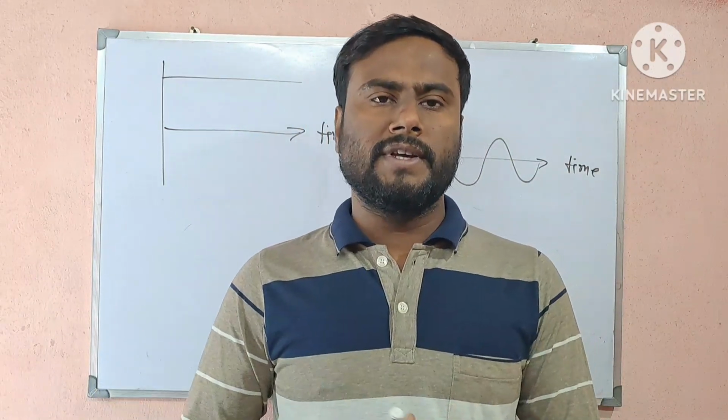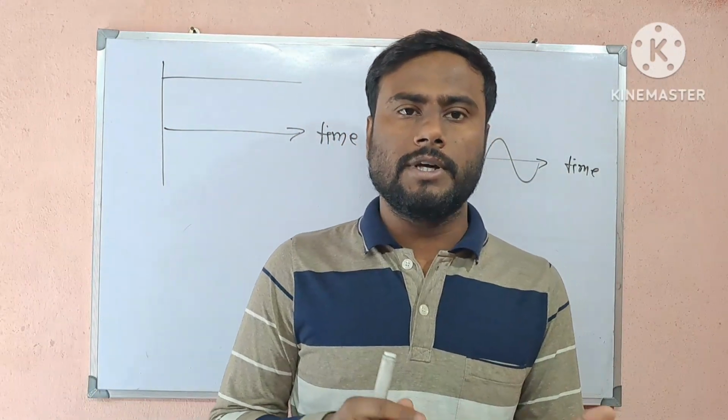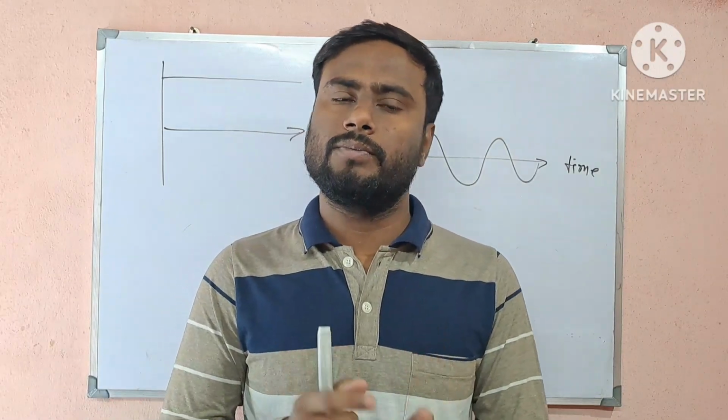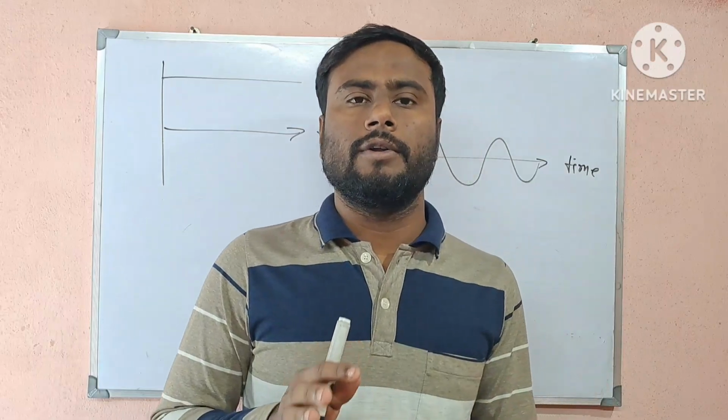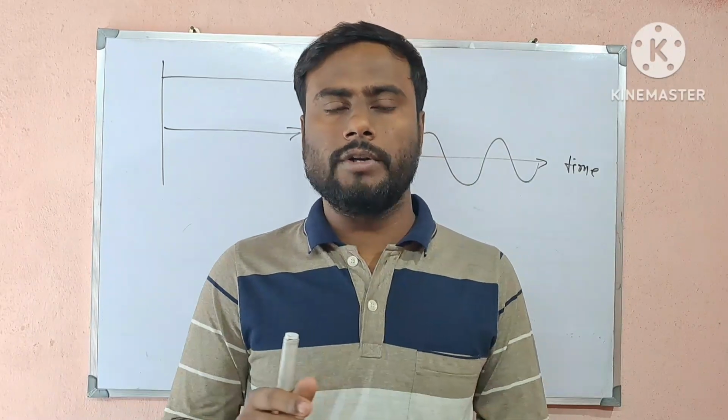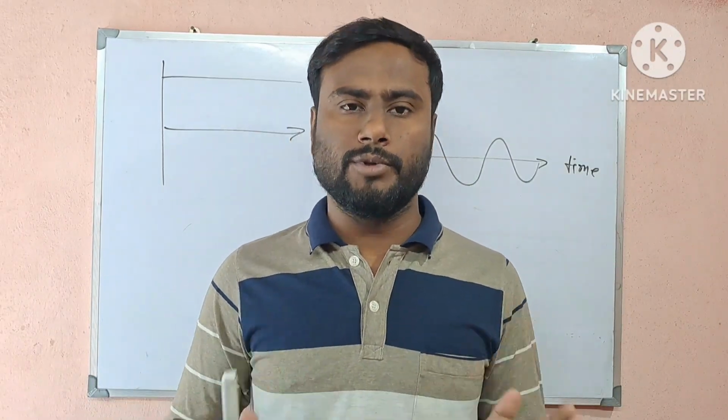Also, we have to remember a few things about AC current. For an AC signal, both the voltage and current have the same value of frequency, but they may be in the same phase or not. That means they will not always be in the same phase. They may be in the same phase or there may be some phase difference between them.